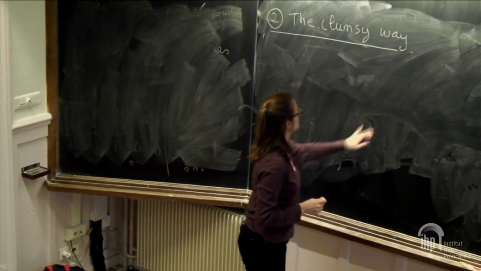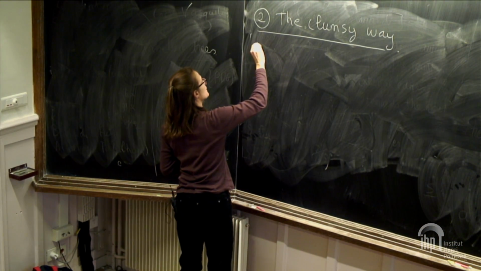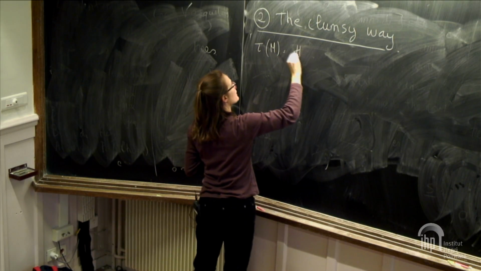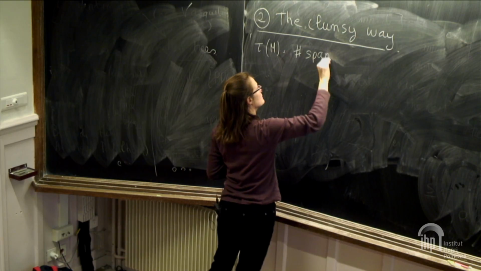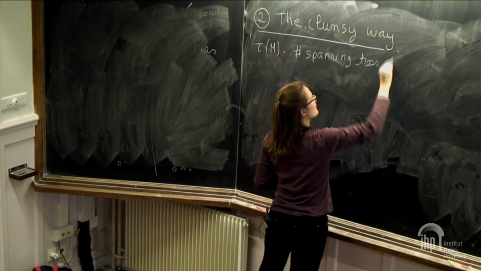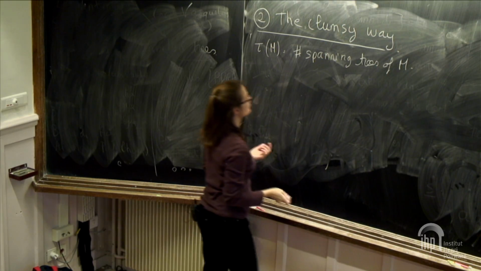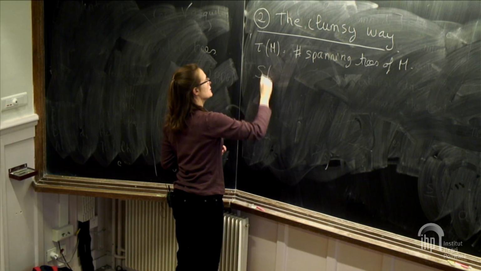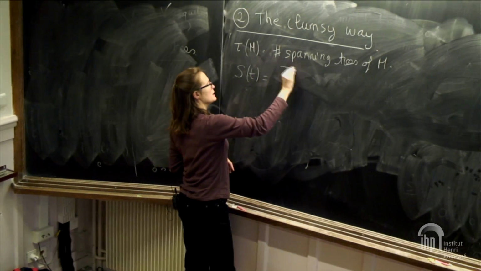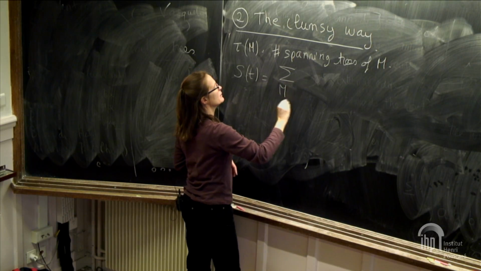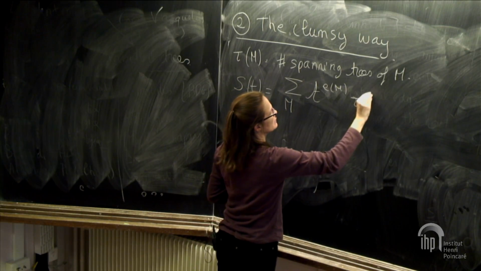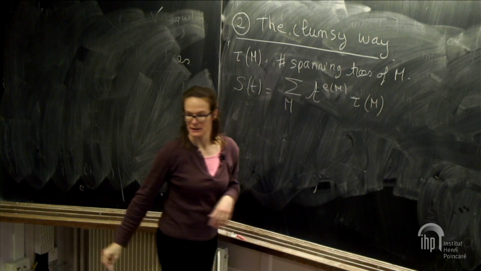And the thing we'll use is the following. If I denote by, say, tau of M, the number of spanning trees of the map M. So really the series we want, and the series we've already determined, is the sum over all maps of T to the edge number times the number of their spanning trees.